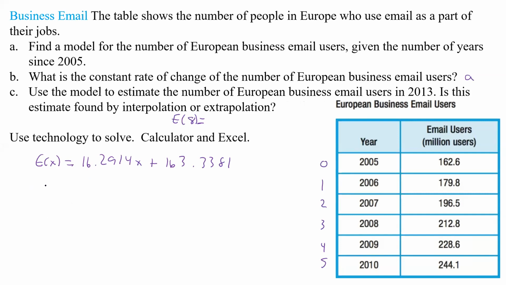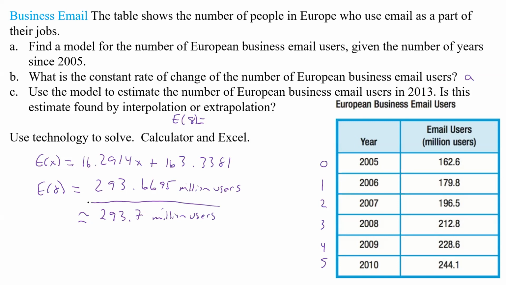And now we want E of 8, and we said that was 293.6695, and that's million users. Now we look at our outputs, they're all to one decimal place. So we're going to say that's approximately 293.7 million users. And so that would be the last answer there.